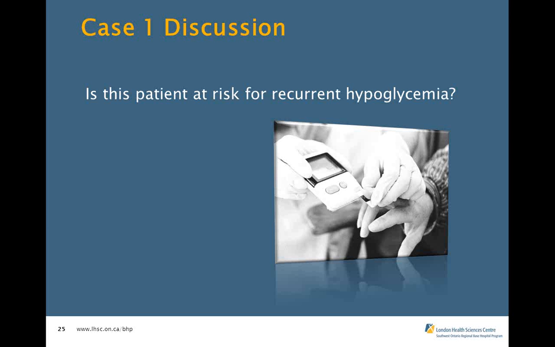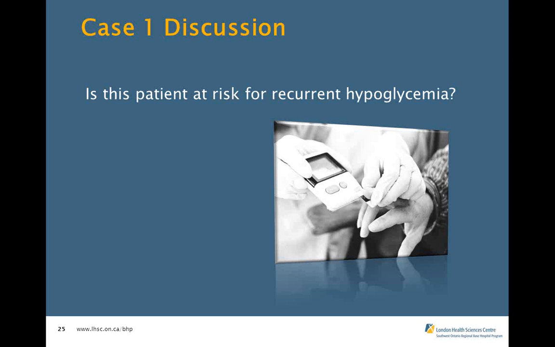The other factor is that, especially with people on sliding scales of insulin, they will adjust their insulin administration according to their current sugar level. So say their normal sugar levels are between 6 and 8, and all of a sudden they're up at 16 after you leave, and they adjust their sliding scale accordingly.